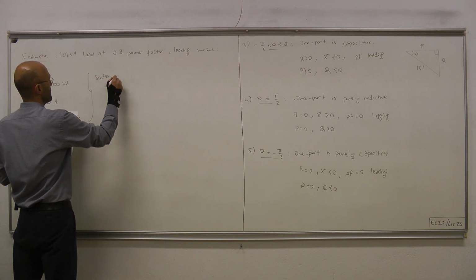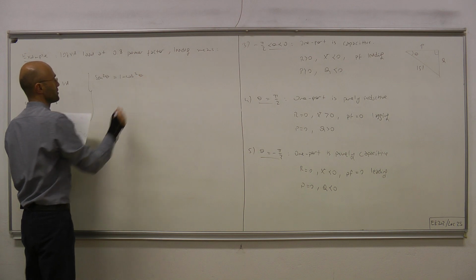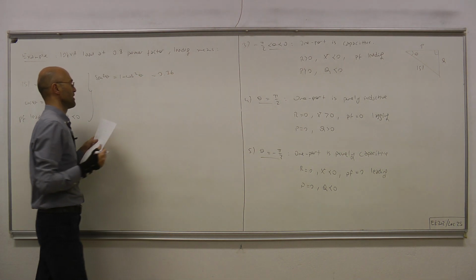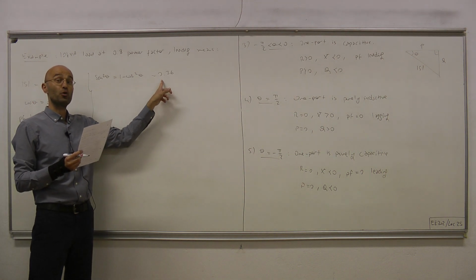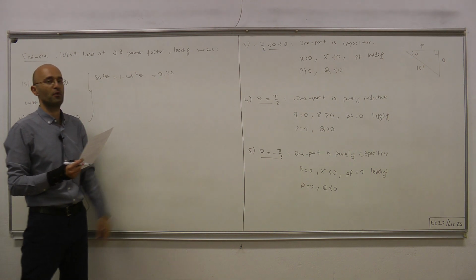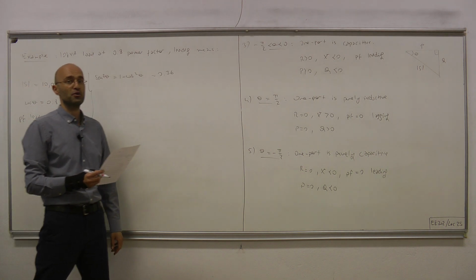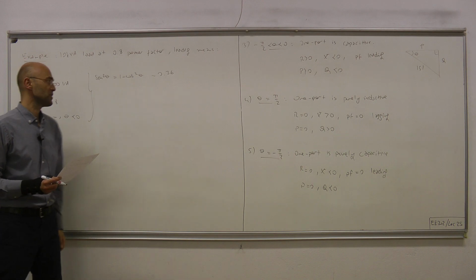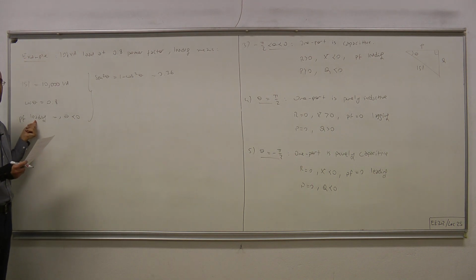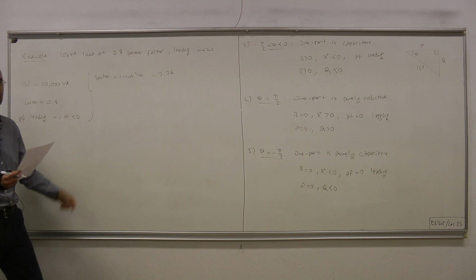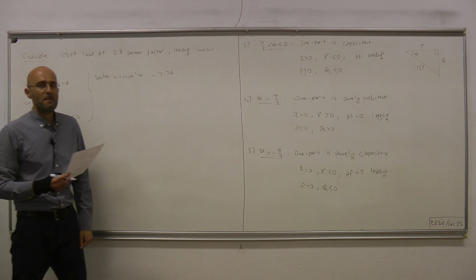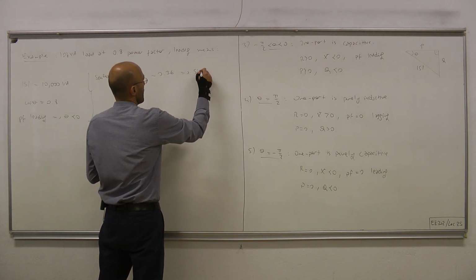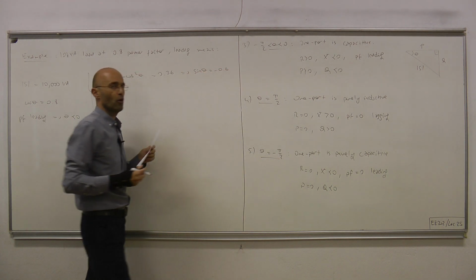Sine squared theta equals 1 minus cosine squared theta, so that's 0.36. Now, the square of minus 0.6 is 0.36, and the square of 0.6 is also 0.36. Is it going to be minus 0.6 or plus 0.6? We look at this word here. Since it's leading, theta is negative, therefore sine of theta is minus 0.6. Sine theta equals minus 3/5.